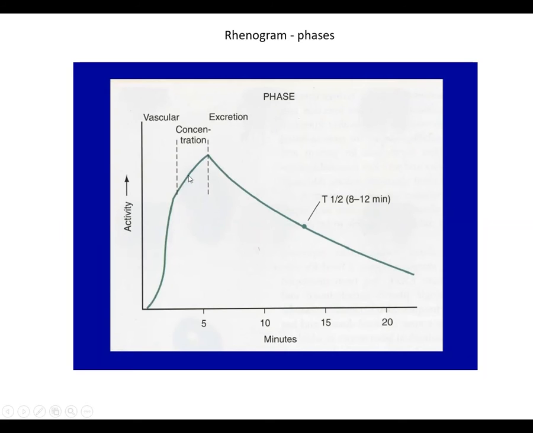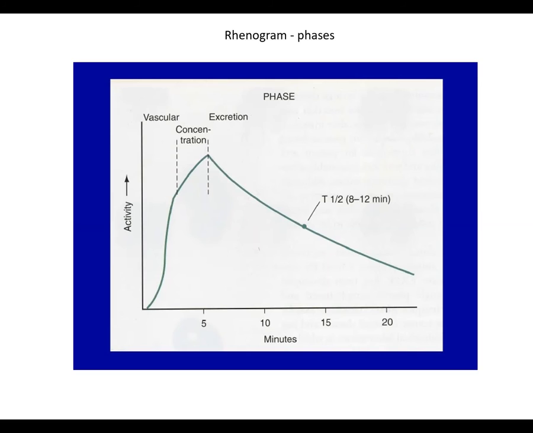This process occurs during the second phase. We call it the concentration, parenchymal or secretory phase, and it lasts approximately 3, 4, maybe 5 minutes, up to the peak of radioactivity of accumulation of radiopharmaceutical in the kidney's parenchyma.